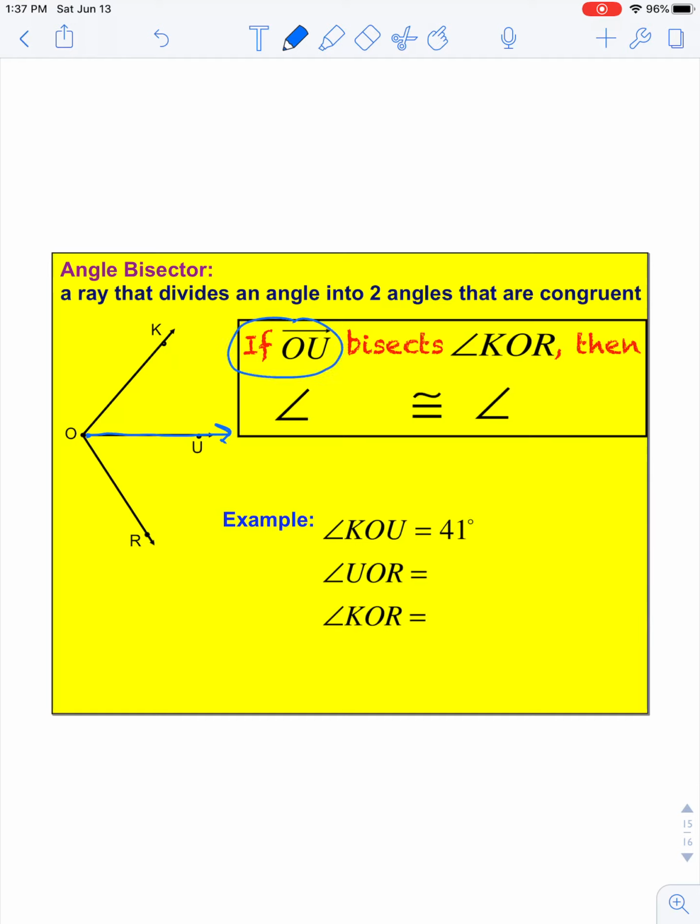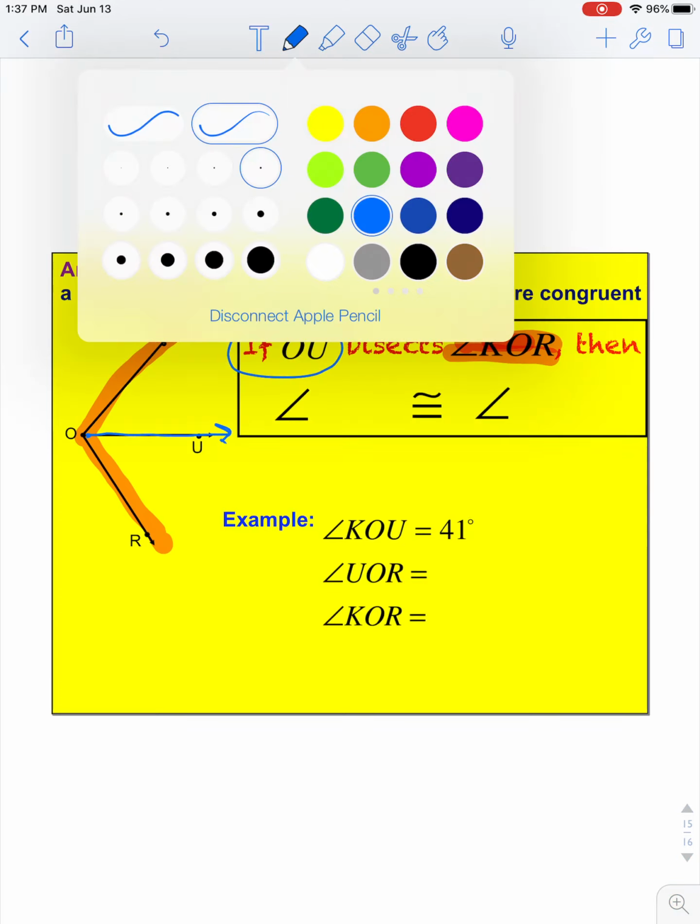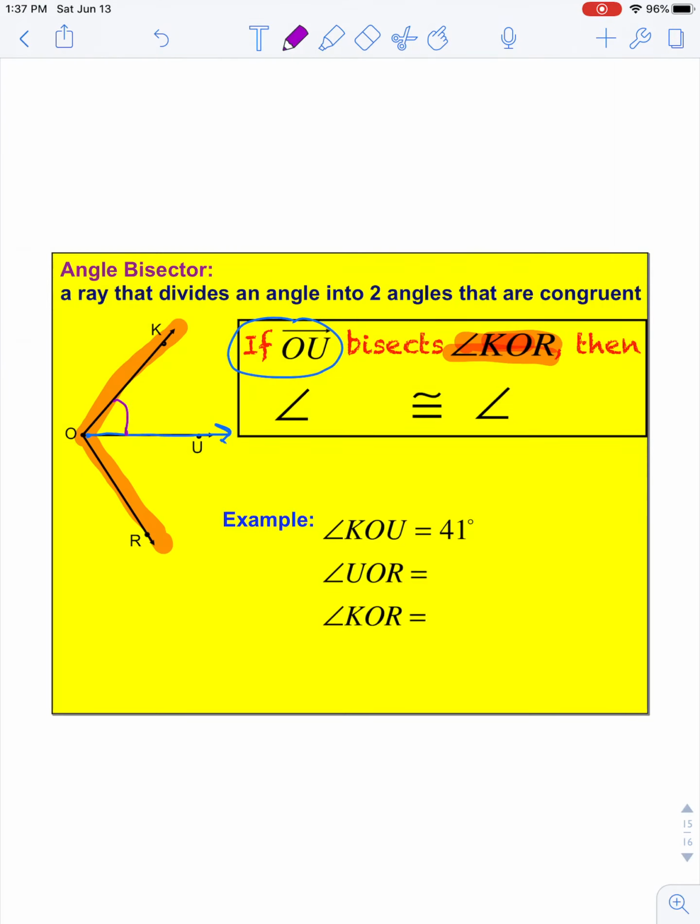So if OU right here bisects this larger angle right here, KOR, then what that tells you is that this angle right here, which is KOU, will be congruent to this angle on the other side, which is angle UOR. So that is angle bisector.